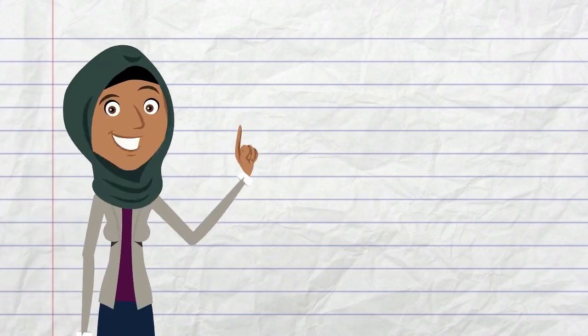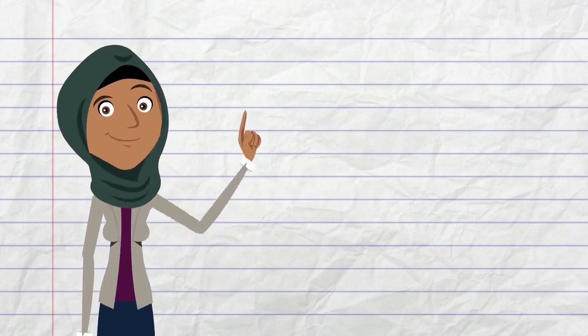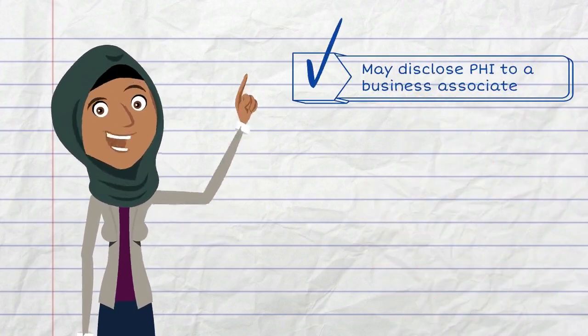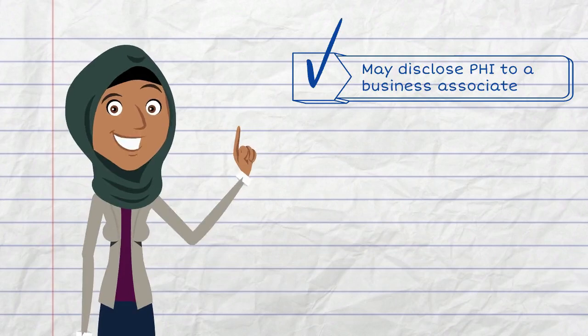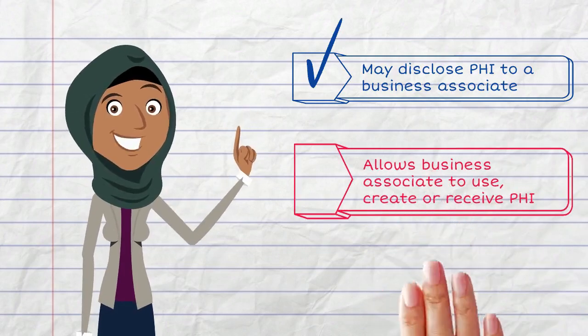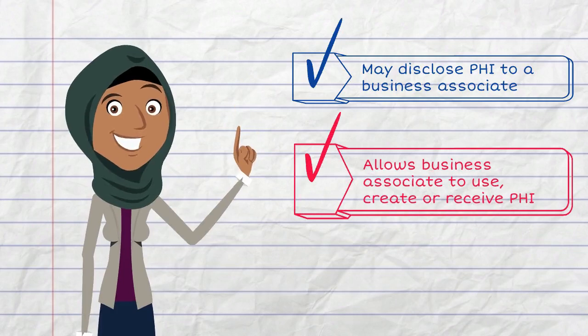Generally, a covered entity may, for the purposes permitted by the privacy rule and specified in its BAA, disclose PHI to that business associate and allow the business associate to use, create, or receive PHI on its behalf.